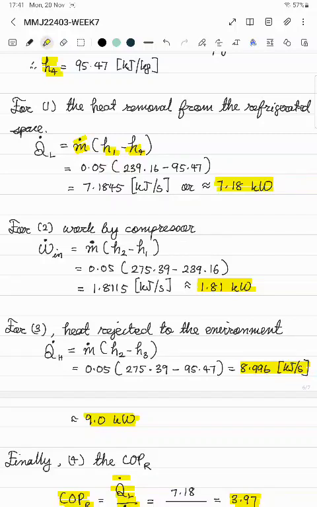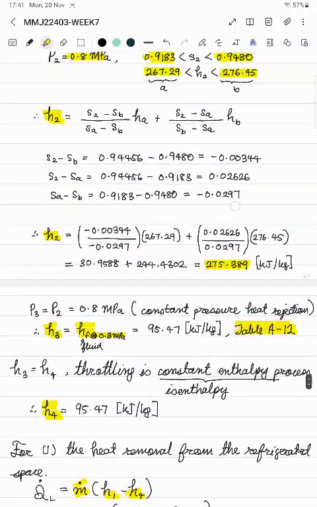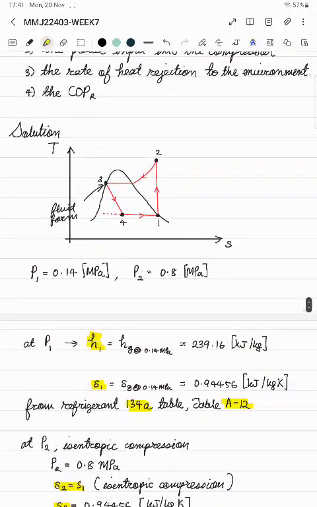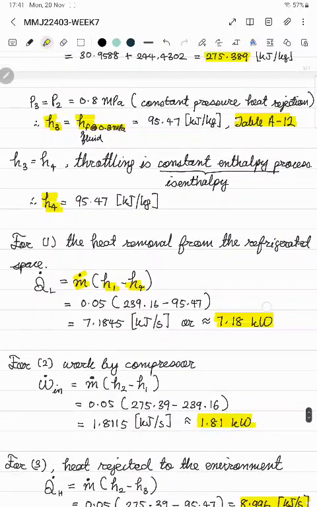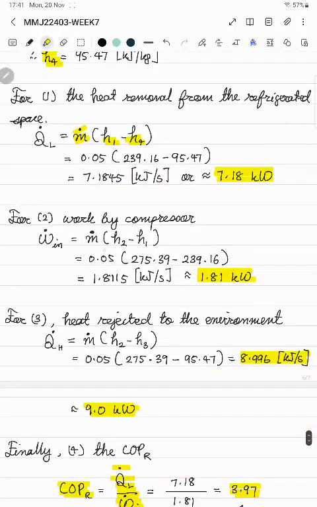And as for number 2, the work done by the compressor, again, it's from state 1 to state 2. The process is isentropic. So you just take the difference between H2 and H1 and multiply by the mass flow rate, and you get 1.8115 kilojoule per second, or 1.81 kilowatt.